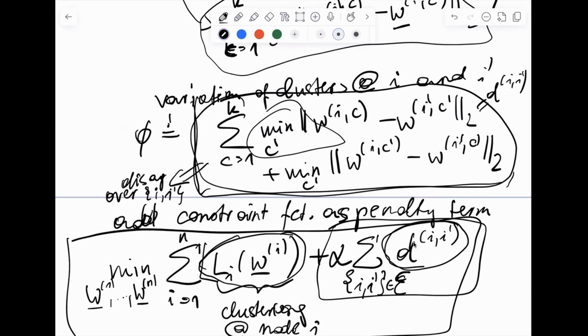And how do you cope with these minimizers? Well, you try to solve the minimizer step with the current local cluster centroids held fixed, and then you update the local cluster centroids. This is a similar alternating optimization idea as for the basic Lloyd's algorithm. And we use this same idea in this federated clustering method.